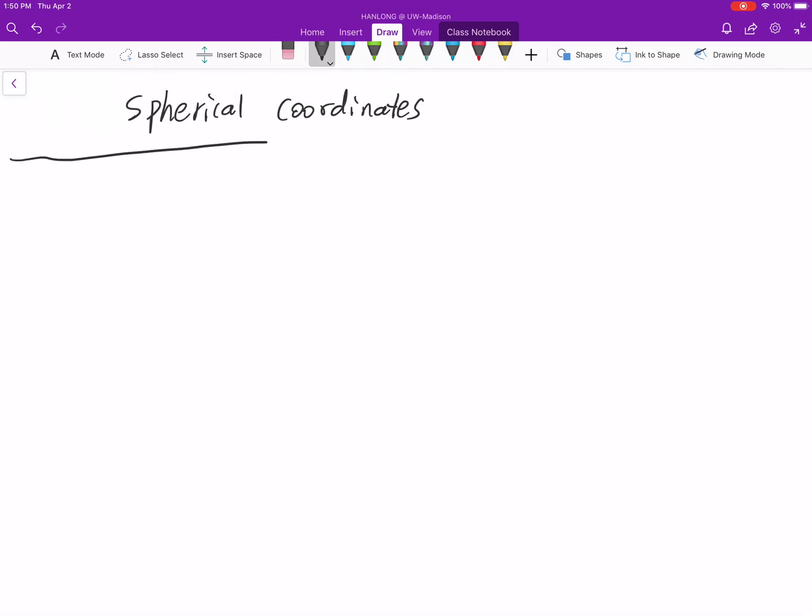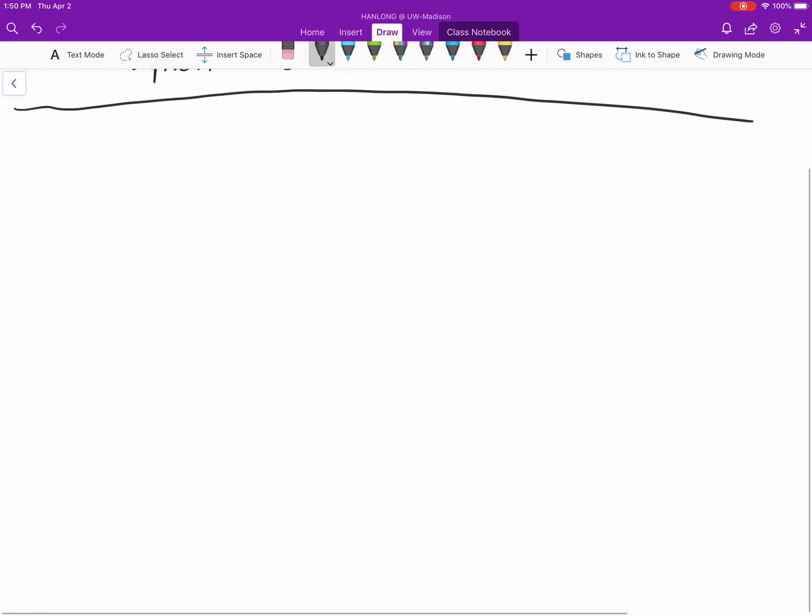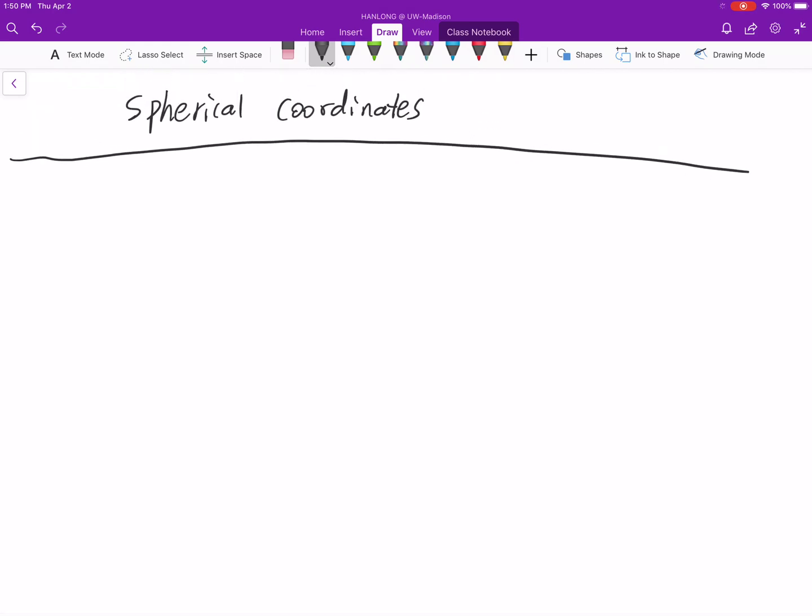So first, let's get some geometrical idea of the spherical coordinates.